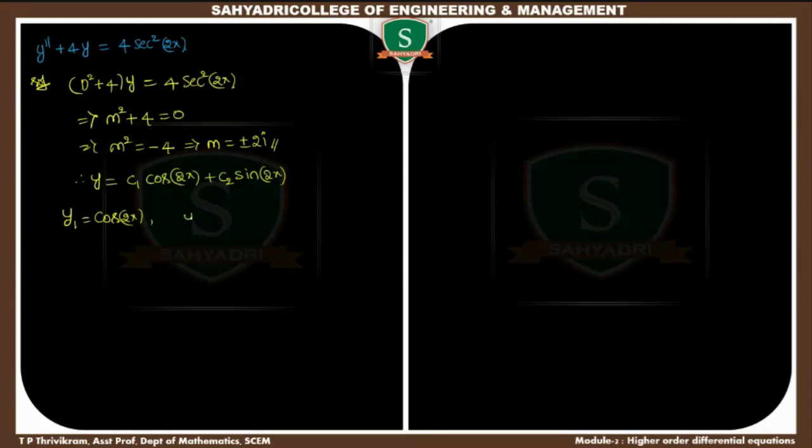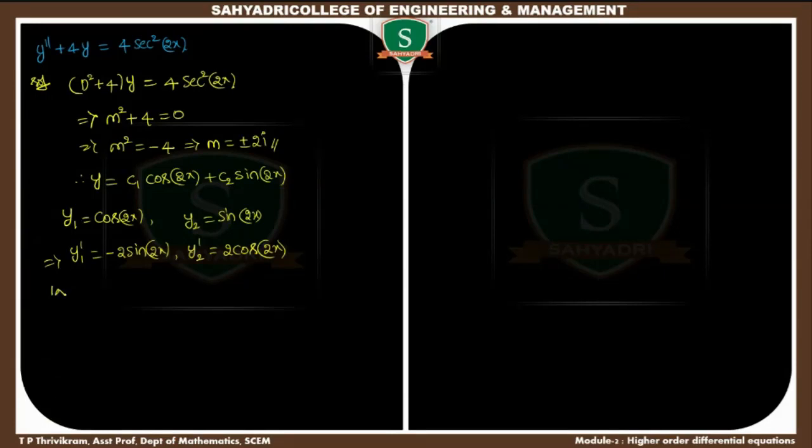Similarly, what will be y2? Sin 2x. This implies y1 dash is equal to minus 2 sin 2x. Correct. Similarly, y2 dash is equal to 2 cos 2x.